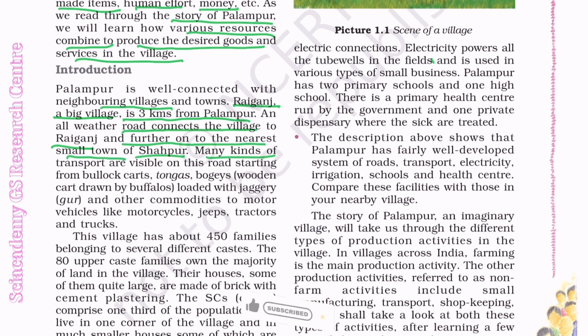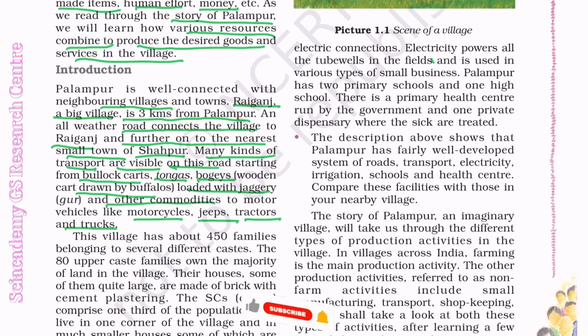Many kinds of transport are visible on this road, starting from bullock carts, tongas, bogies, that is wooden cart drawn by buffaloes, loaded with jaggery, that is gur, and other commodities to motor vehicles like motorcycles, jeeps, tractors, and trucks.